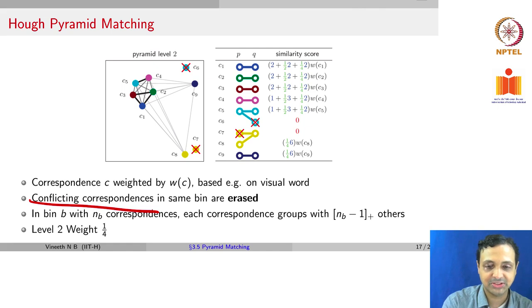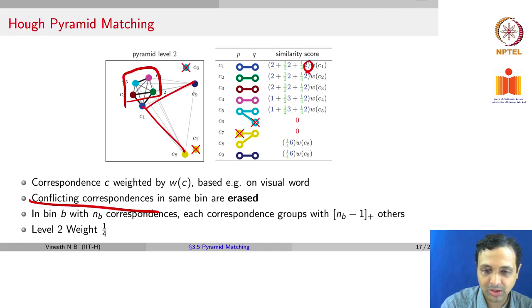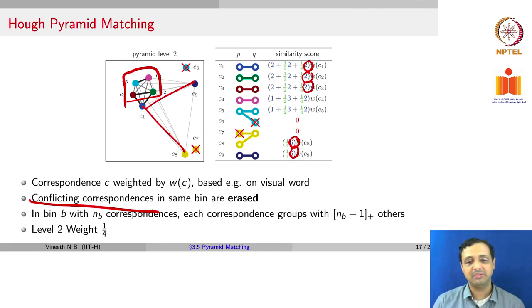So you have C6 which is erased, similarly C7 which is erased, and now you see that C1 already had 4 correspondences and it's going to get 2 new correspondences, which is why you get 2 here. Similarly, C2 will get 2 new correspondences, C3 will get 2 new correspondences, C4 and C5 will also get 2 new correspondences, and C8 and C9 now get 6 new correspondences each, because they didn't have any correspondences in previous bins.